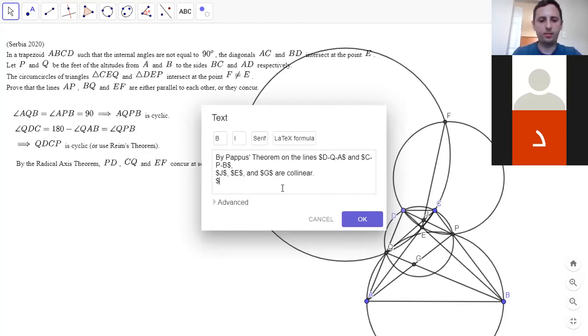And that means that EF, AP, and BQ are concurrent. I'll do it the way it says in the problem. AP, BQ, and EF are concurrent or parallel. So that would be a kind of a degenerate case.